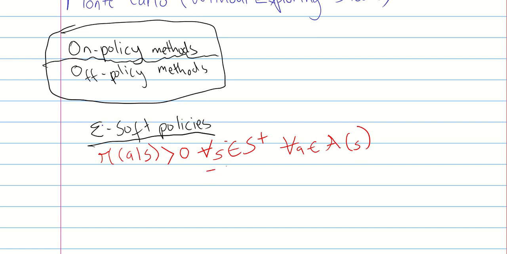So for all states and all actions, the probability of actually taking an action in a particular state should be greater than 0. This is what an epsilon-soft policy is.